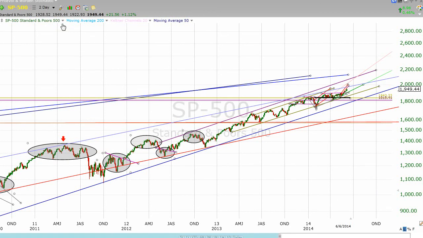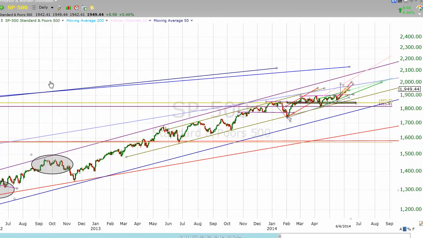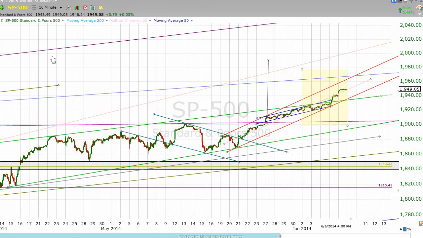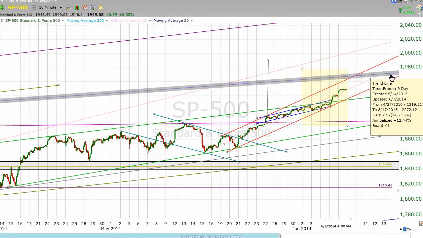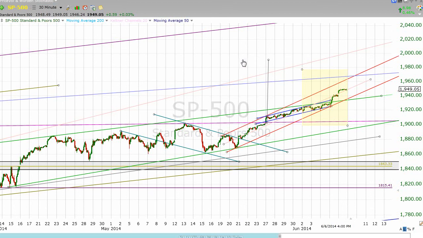So with that much space behind us, there's a very distinct possibility that not only will we test that line, but I would not be surprised if we test it, bounce off, and then test it again and get over it to meet this target up here at about 1990.